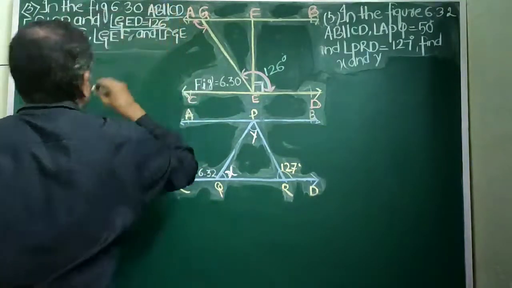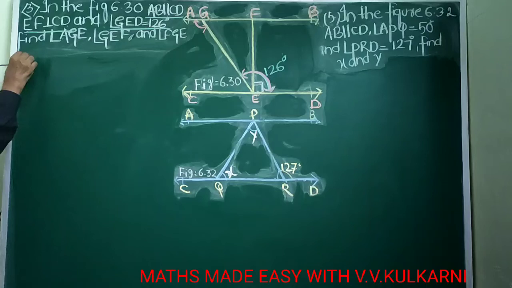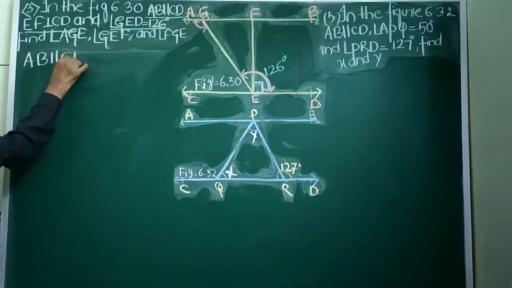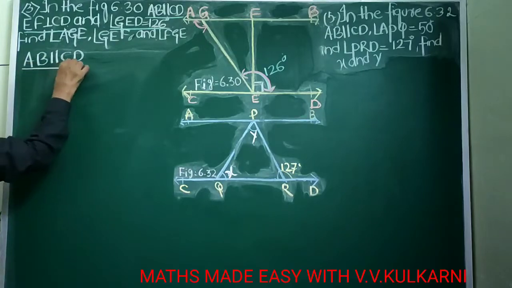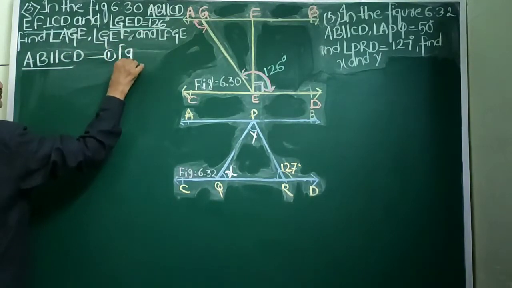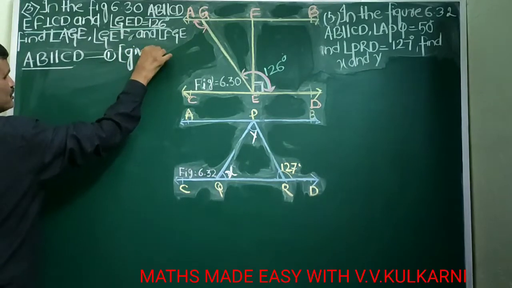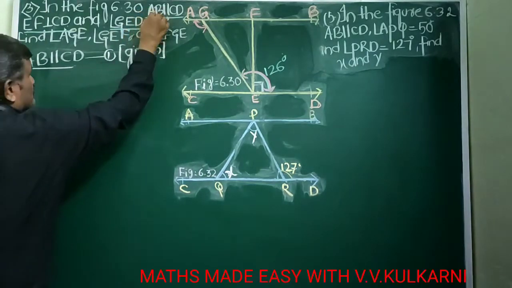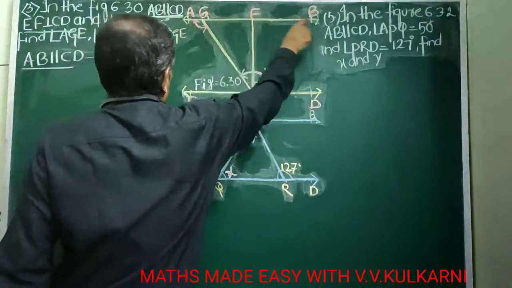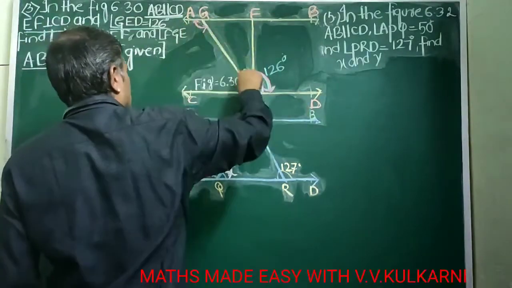The first hint says AB is parallel to CD. This is given to us. I call it the first equation. Whatever key points are given, I am noting down those key points. Actually here AB is parallel to CD and GE is the transversal.